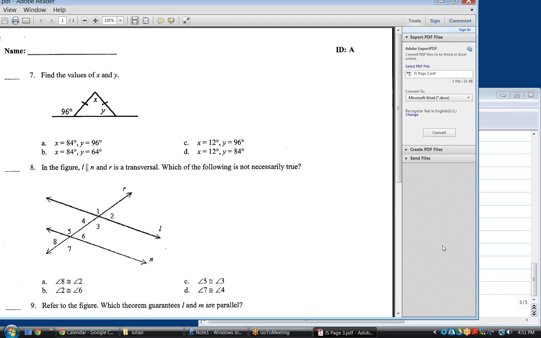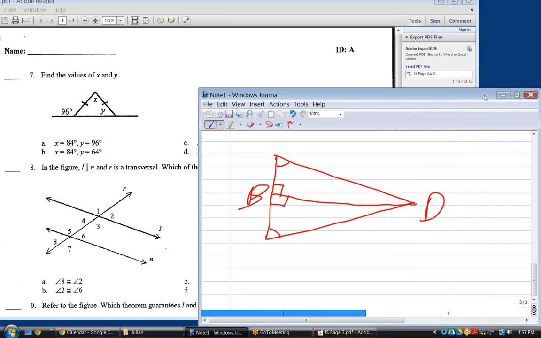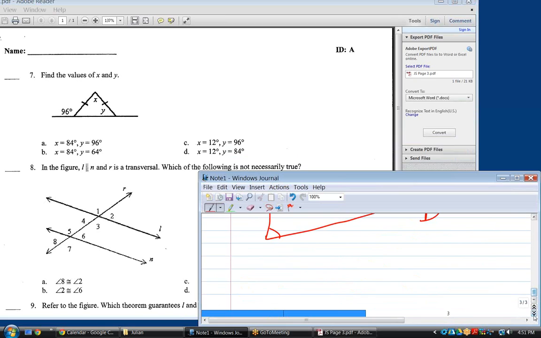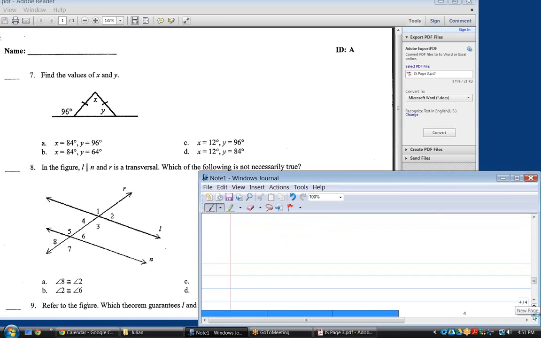Where can we start here? Well, isn't the angle right next to 96? Isn't that 96 too? No. What is that angle? That is the key to solving this problem.